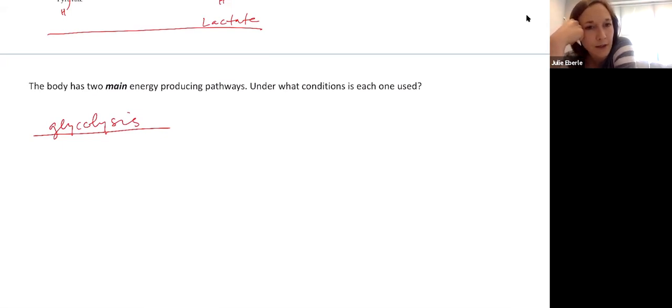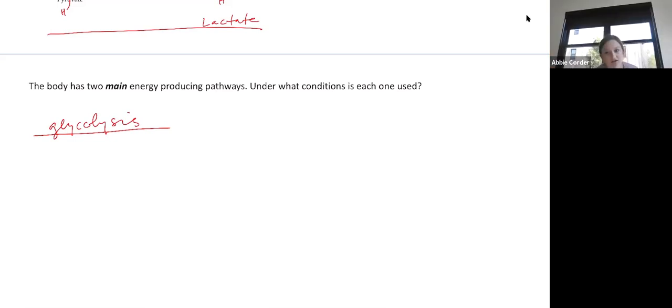What is the other one that we can yield a lot, even more than glycolysis, a ton of ATP from? Abby, I think you said it. Was it beta oxidation? Yes.